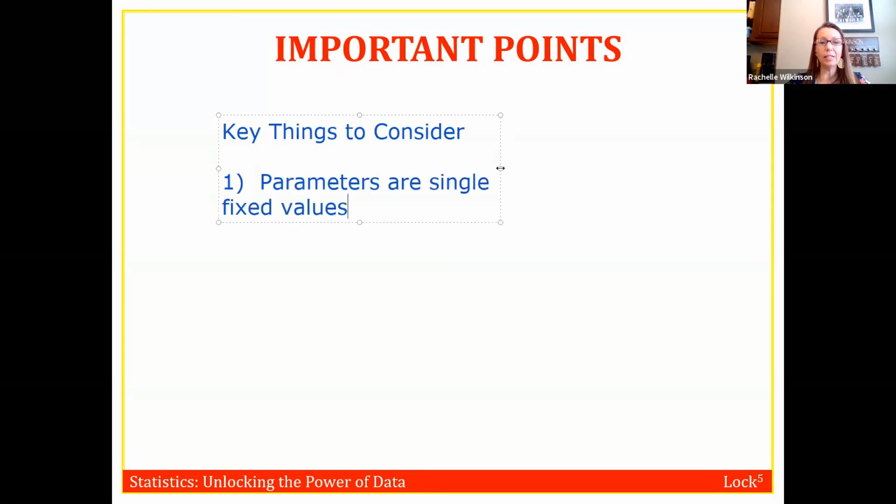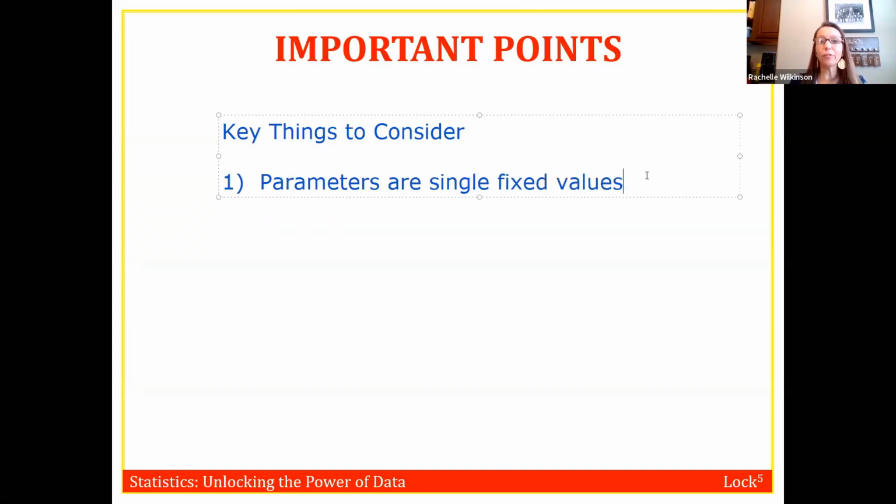If somehow we were able to talk to everybody in the whole United States that planned on voting and ask them who they plan to vote for, we would get a number that would be the true percentage of people who plan to vote for Clinton. We can't measure everybody, so we don't know what that single fixed value is, but it exists. It's just not knowable. Does that make sense? So a parameter is a single fixed value.